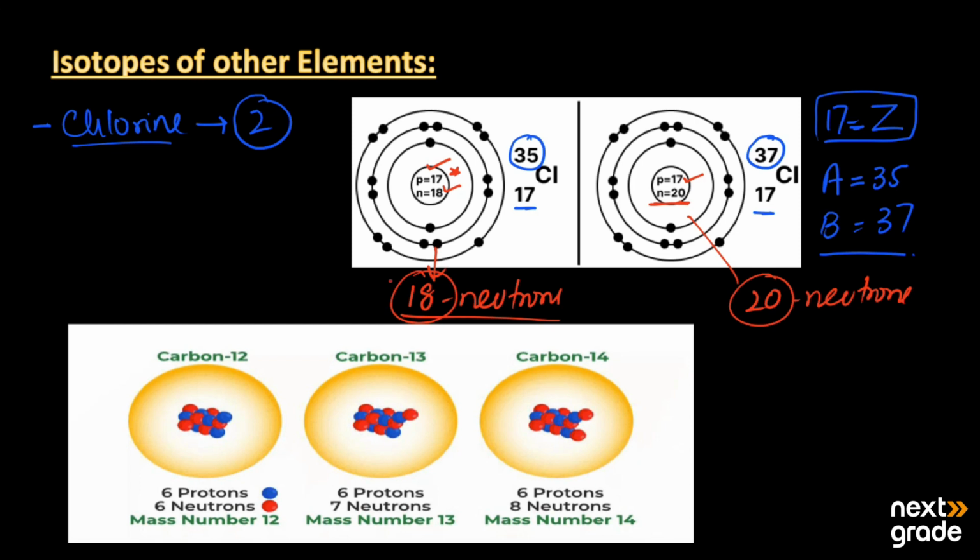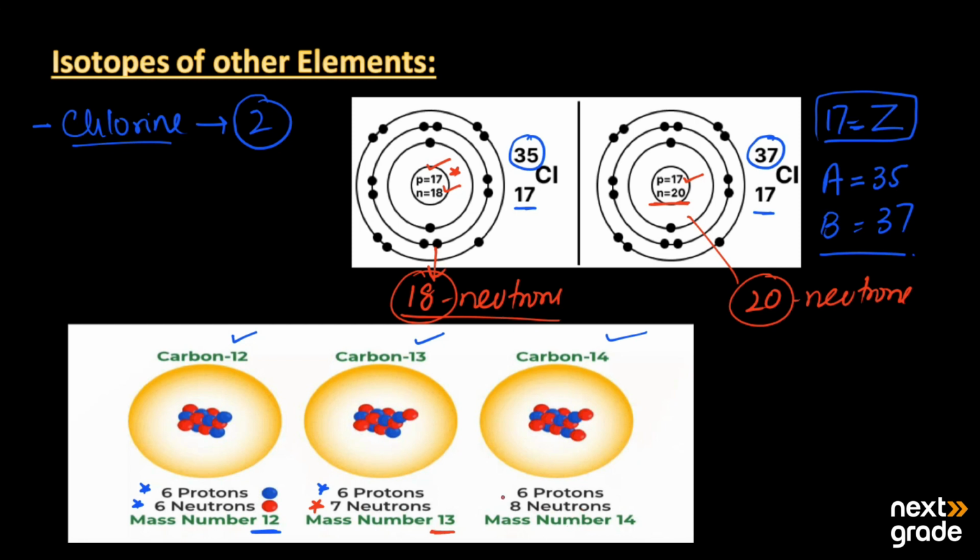And the second example is the isotopes of carbon: carbon 12, 13 and 14. Carbon 12 has 6 protons and 6 neutrons, and its mass number is 12. Carbon 13 has 6 protons and differs in neutrons, having 7 neutrons, and its mass number is 13. The third is carbon 14.